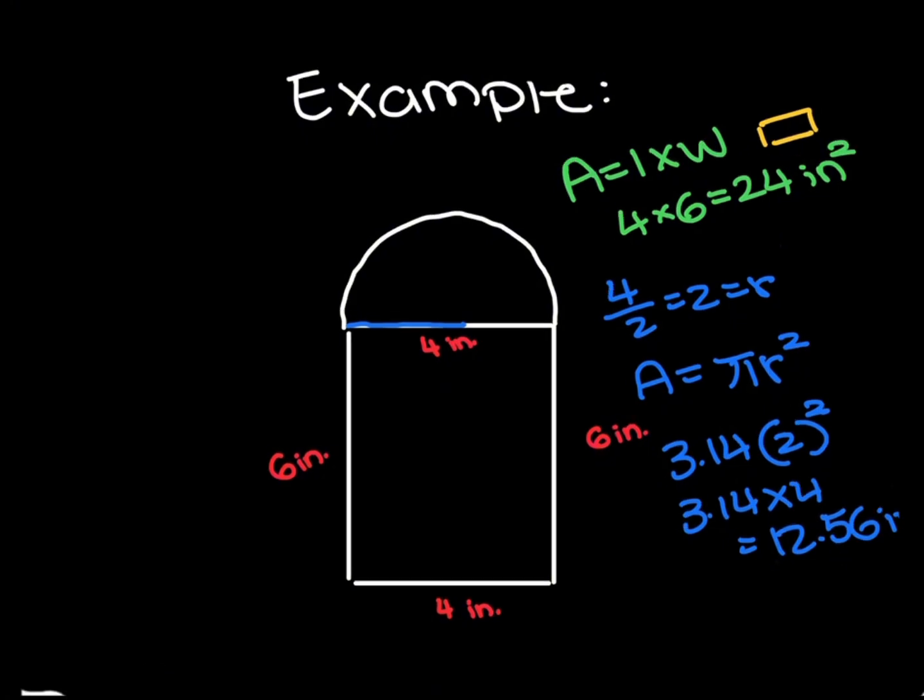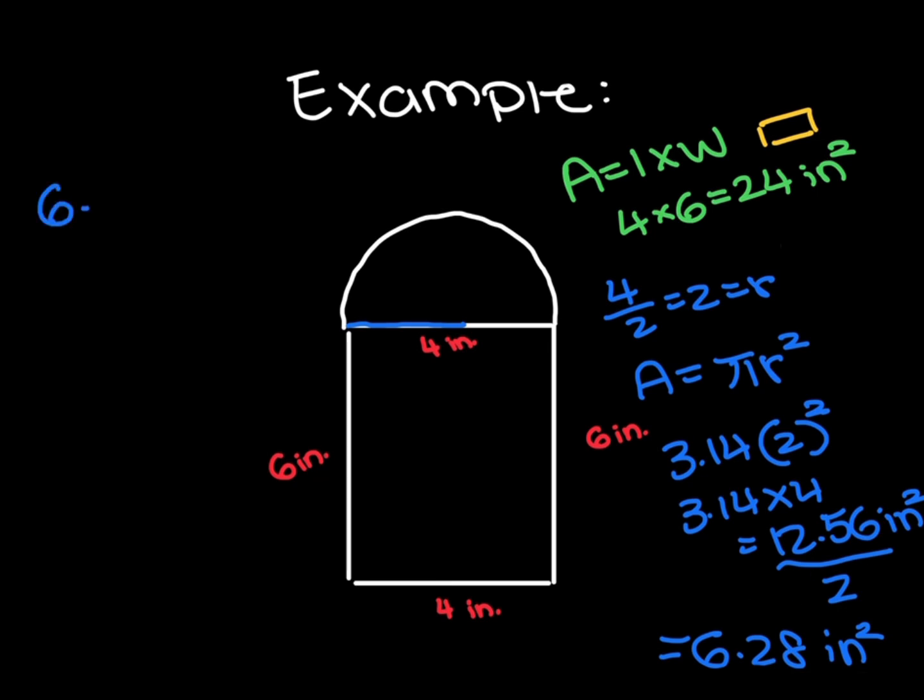And now to find half the circle, we divide it by 2. And that gets us 6.28 inches squared. We divide it by 2 because a full circle is the full thing, right? And if we want half of it, then we divide it by 2. So then we do 6.28 right here plus 24, because 24 is the area of the rectangle, and 6.28 is the area of the semicircle.